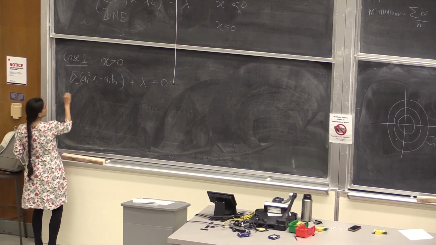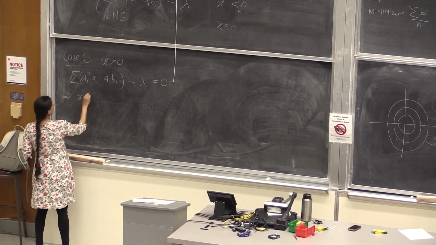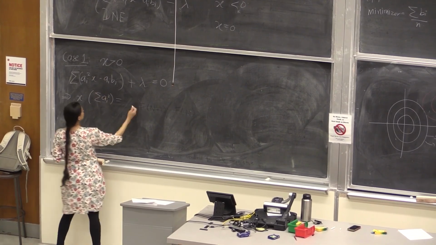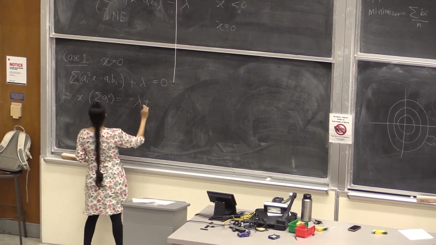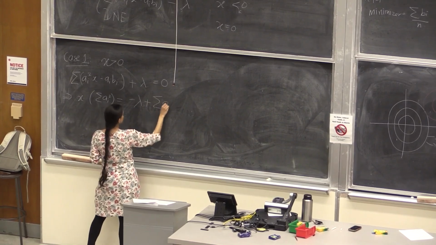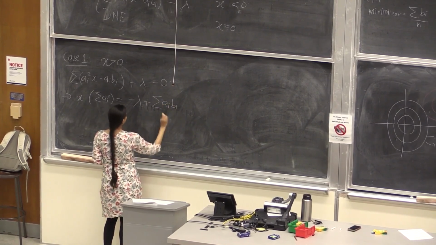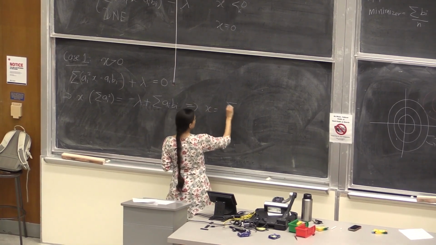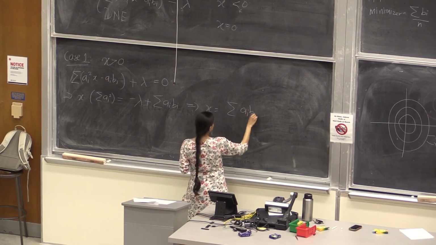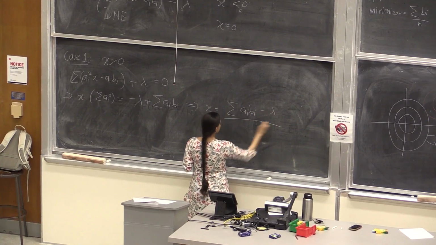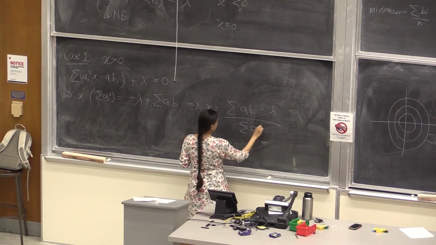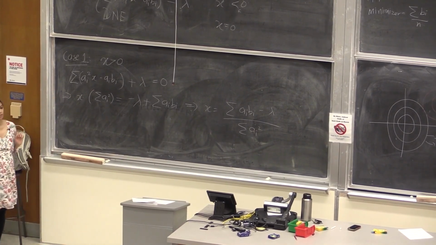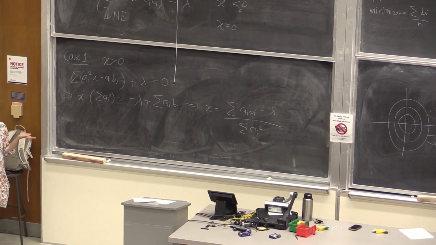So this implies that I have x times ai squared is equal to minus lambda plus... okay? Everyone with me here? I just did some algebra.